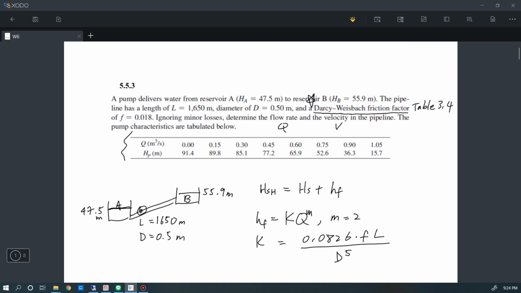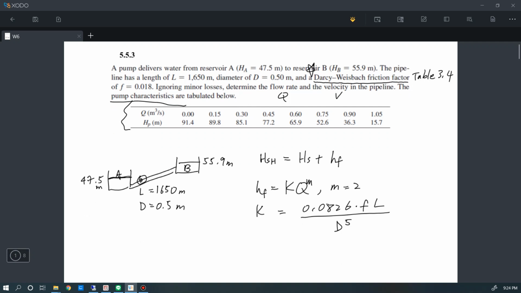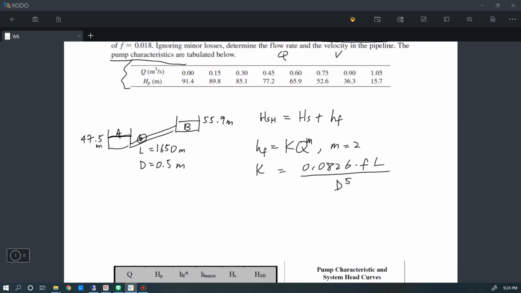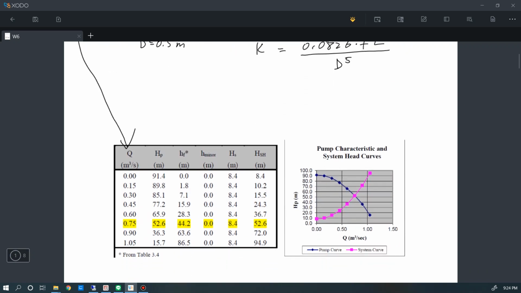The table given by the problem is the pump characteristic. So we simply write different values of Q into this table, and we just want to calculate the friction head loss.